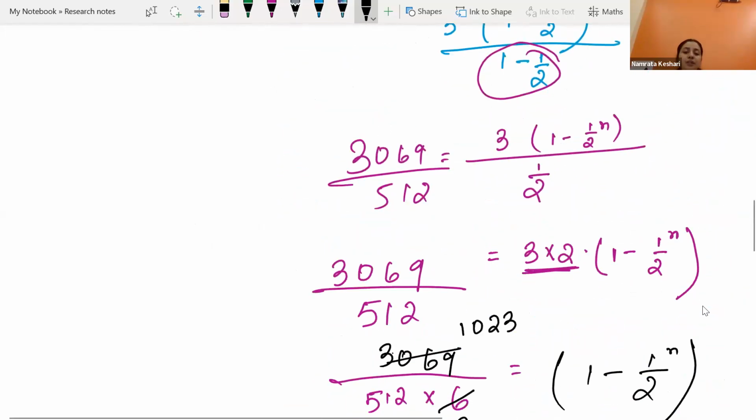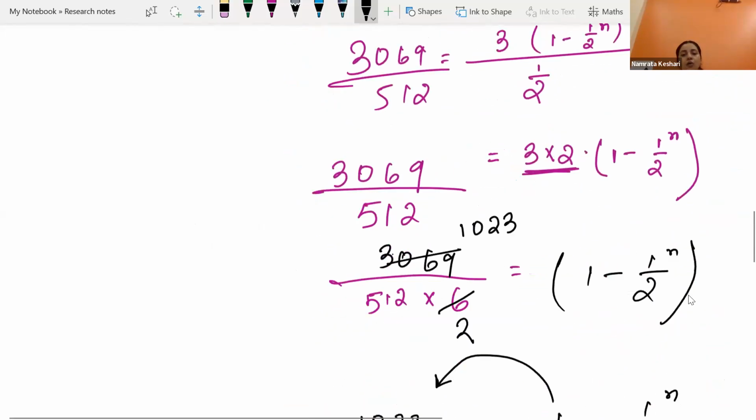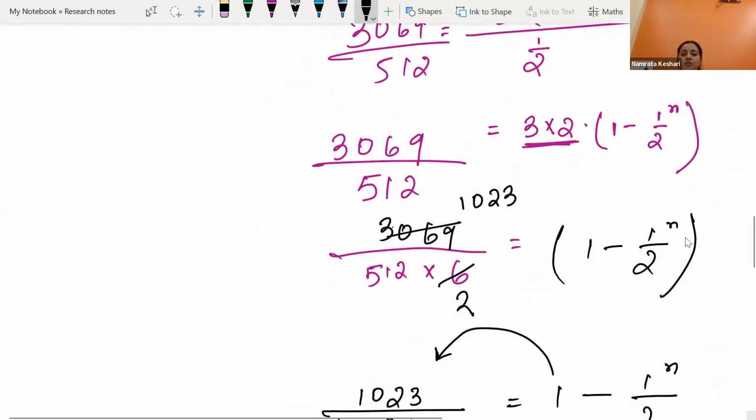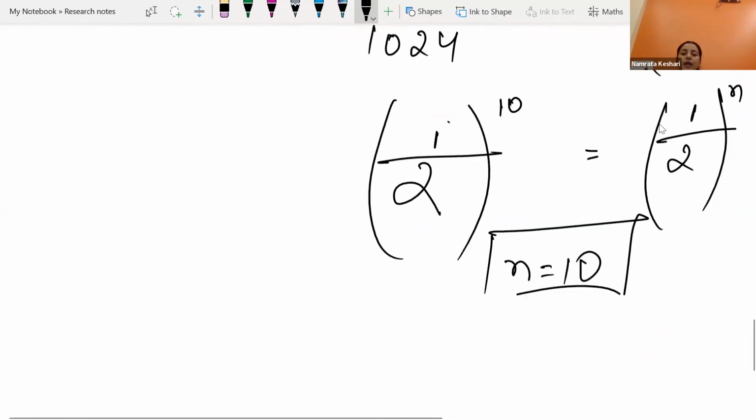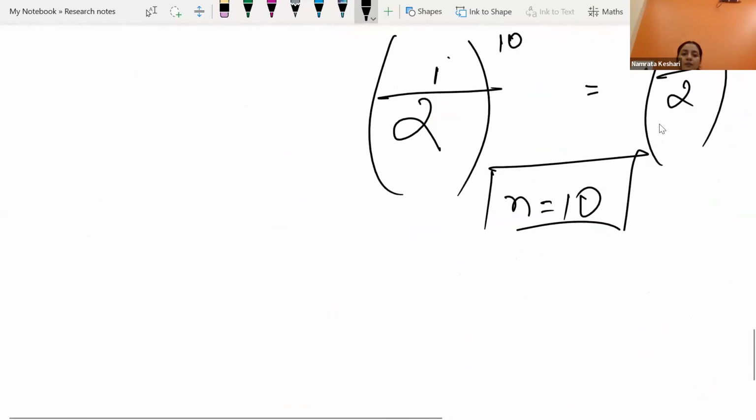However, we know how to solve it, and we used the basic concept of fractions, and we ended up getting n as 10. Is it crystal clear to both of you? Yes, ma'am.